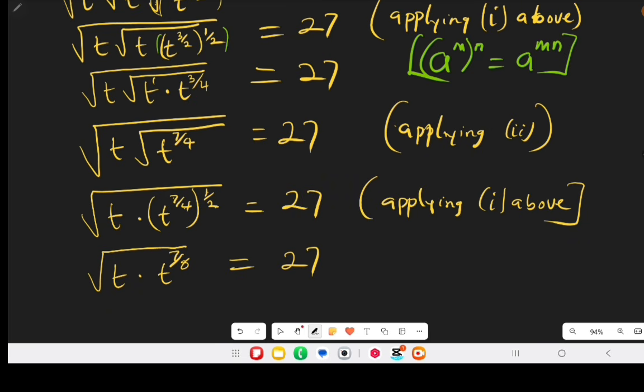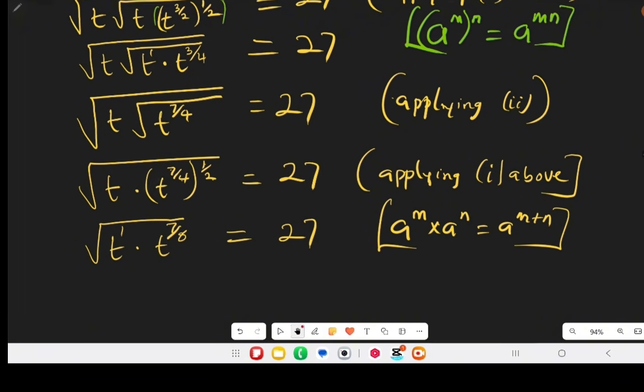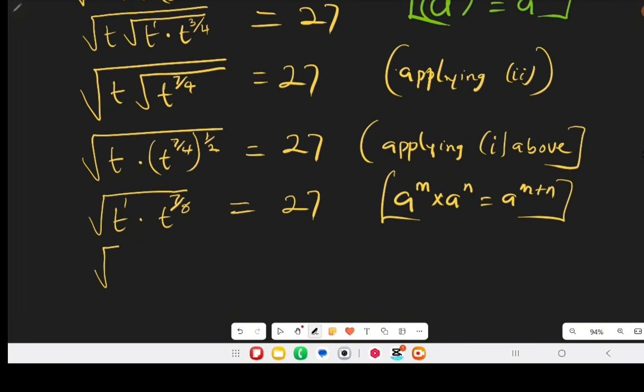We apply the multiplication rule of indices, which is a raised to the power of m times a raised to the power of n equals a raised to the power of m plus n. When we apply that here, this is power 1. Then we are going to have root of t. When we add up the power, we are going to have 15 all over 8, equal to 27.